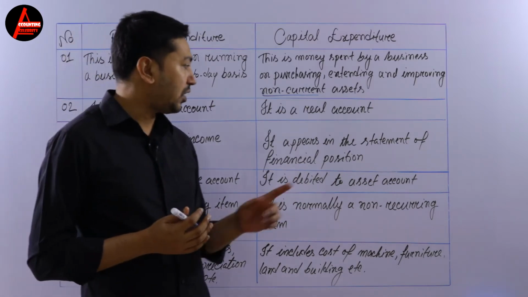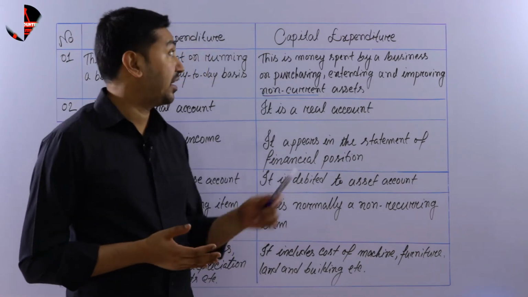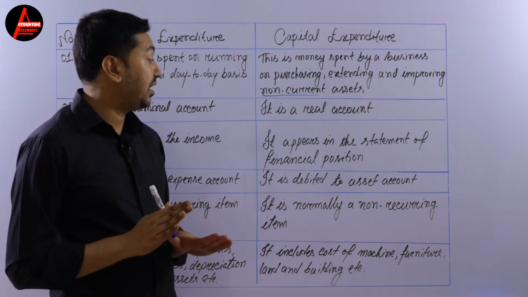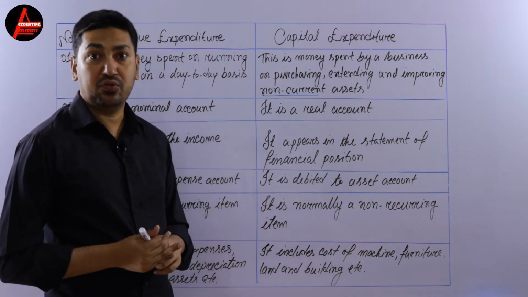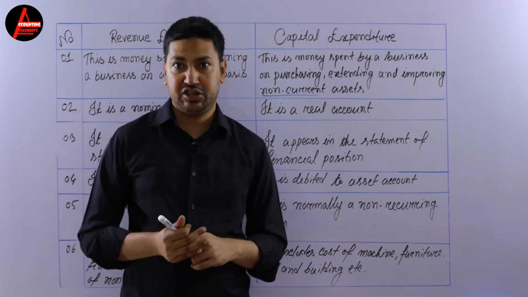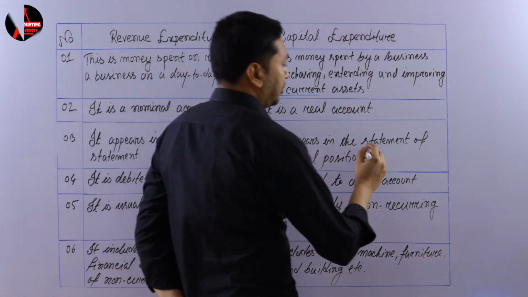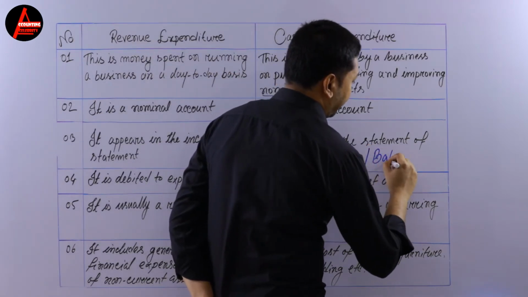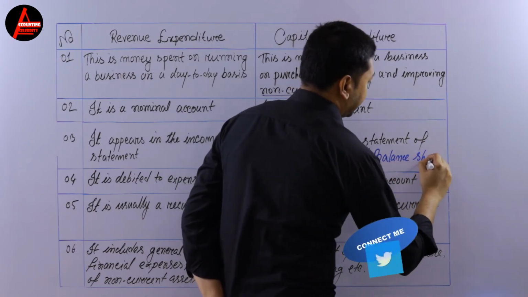So all the asset items like capital expenditures will be included in the statement of financial position. What is the statement of financial position? It is actually a balance sheet. So statement of financial position and balance sheet are the same.